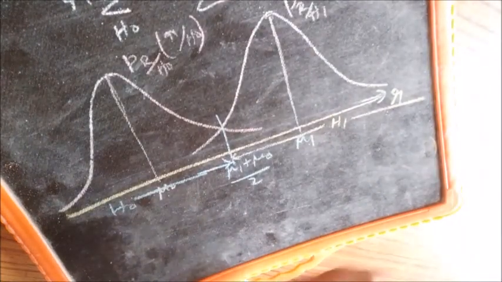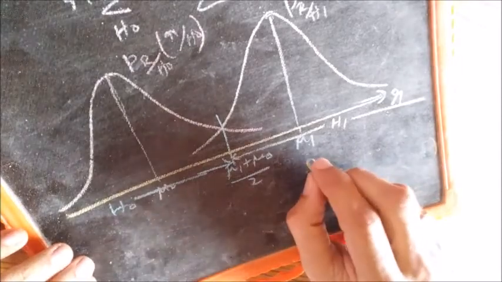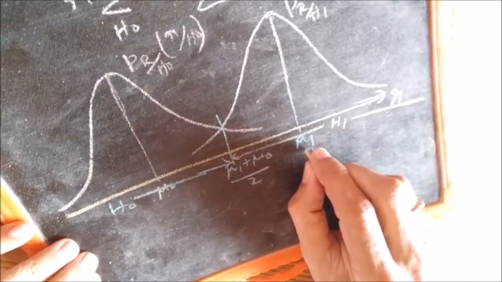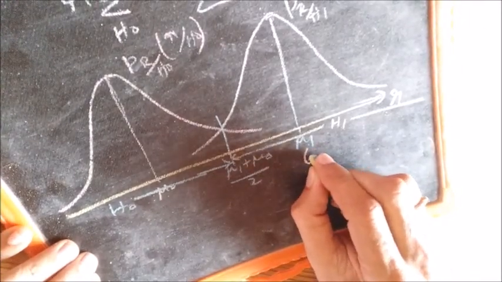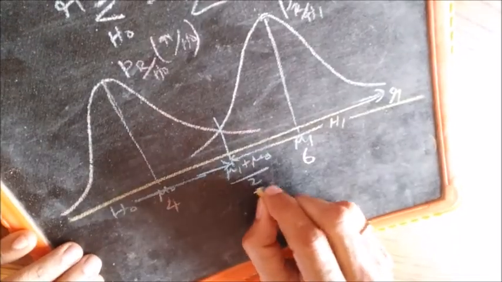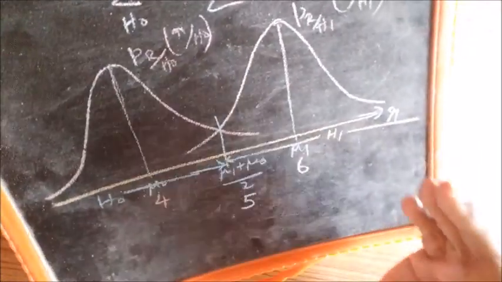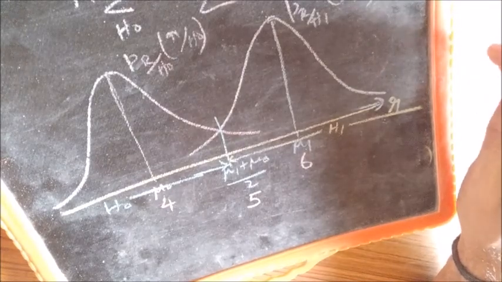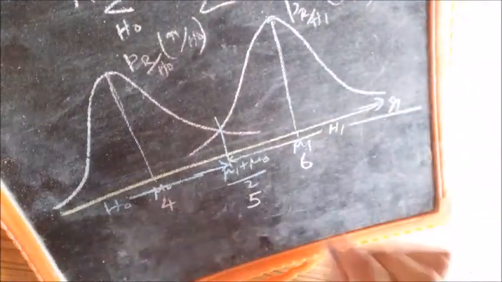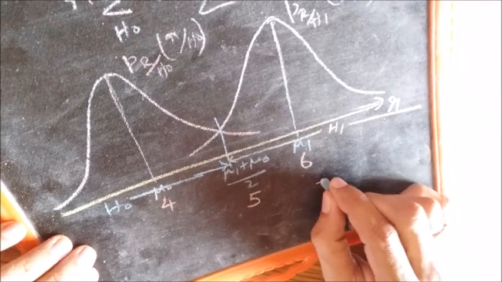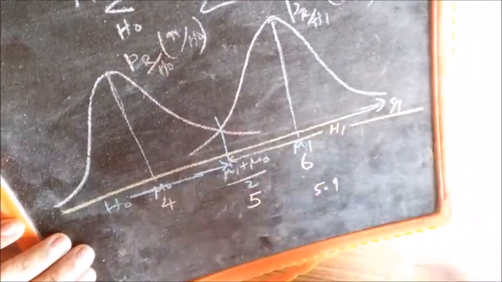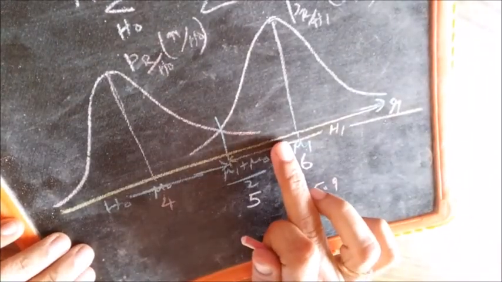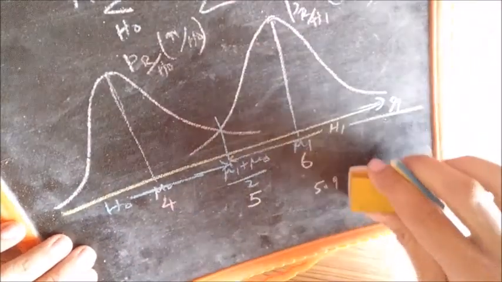So again, I'll just quickly give some numbers to make the picture clearer. Suppose this was 6, this was 4, this would have been 5, and maybe during a particular trial you may receive R as 5.9. So 5.9 is somewhere here, and you immediately declare H1 was the true hypothesis.